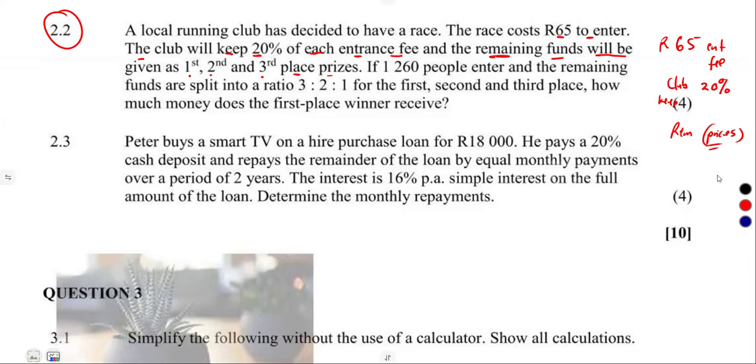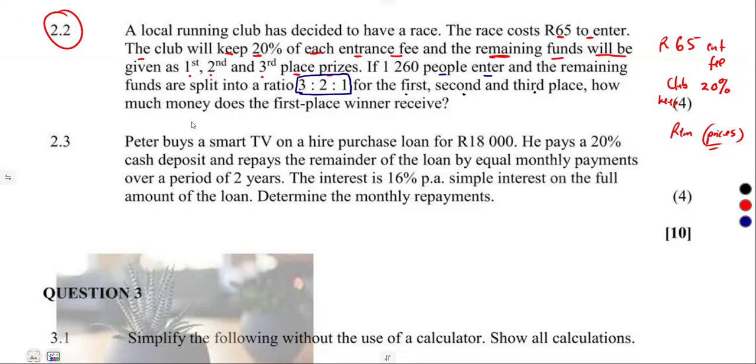So we are given in this case 1,260 people enter, and the remaining funds are split in this ratio for the first, second, and third place.